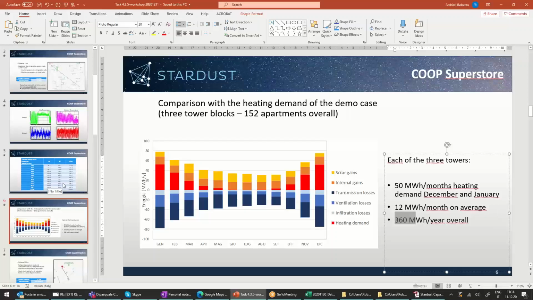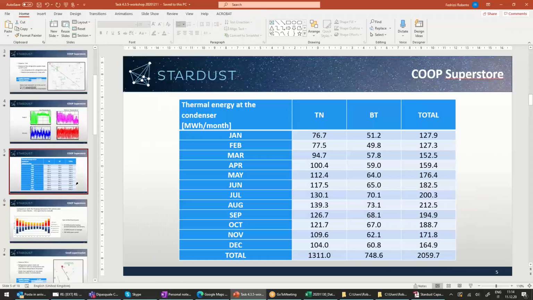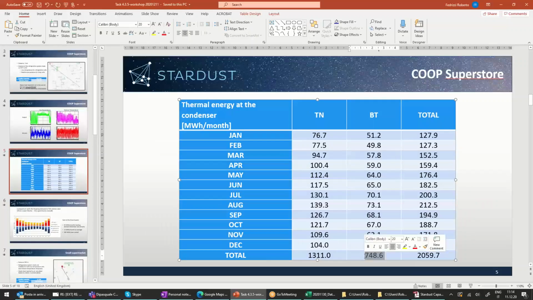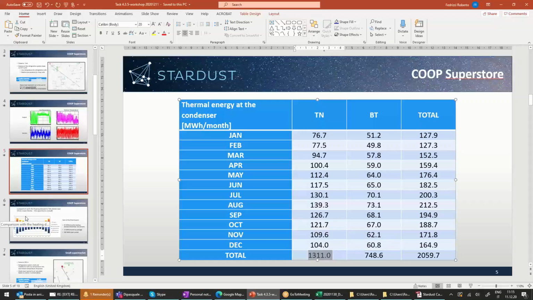So when we compare to the previous one, you see that basically the small chiller, the low temperature chiller, of the superstore can cover almost all the heating demand on a yearly basis of one of the tower blocks. And if we consider the two chillers, obviously we can cover more.